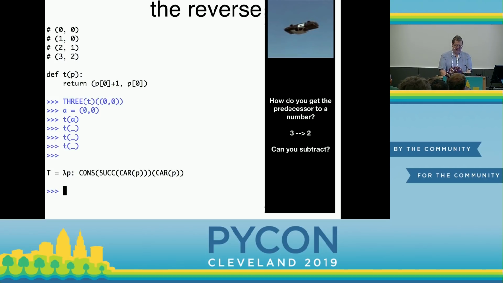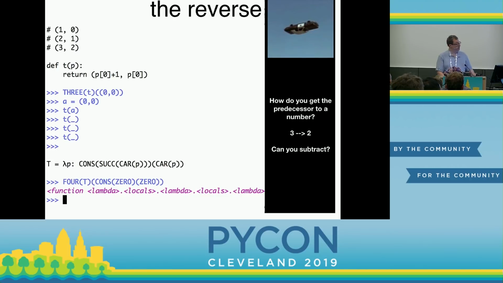And it's like, okay, what is happening there? Well, if I take one of my numbers, like 4, and apply it to t, and then apply it to a starting point like that, this is exactly the same thing I was doing with the Python example above.